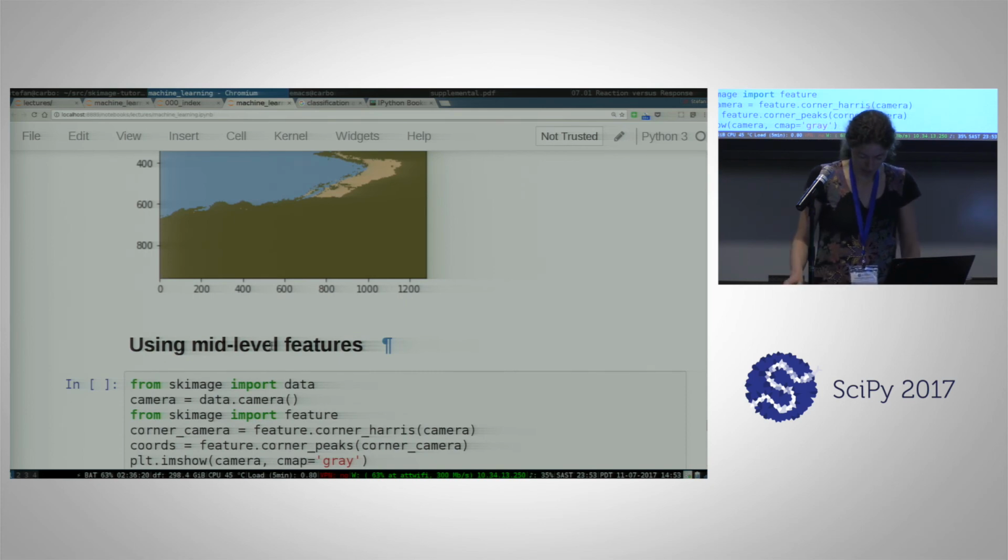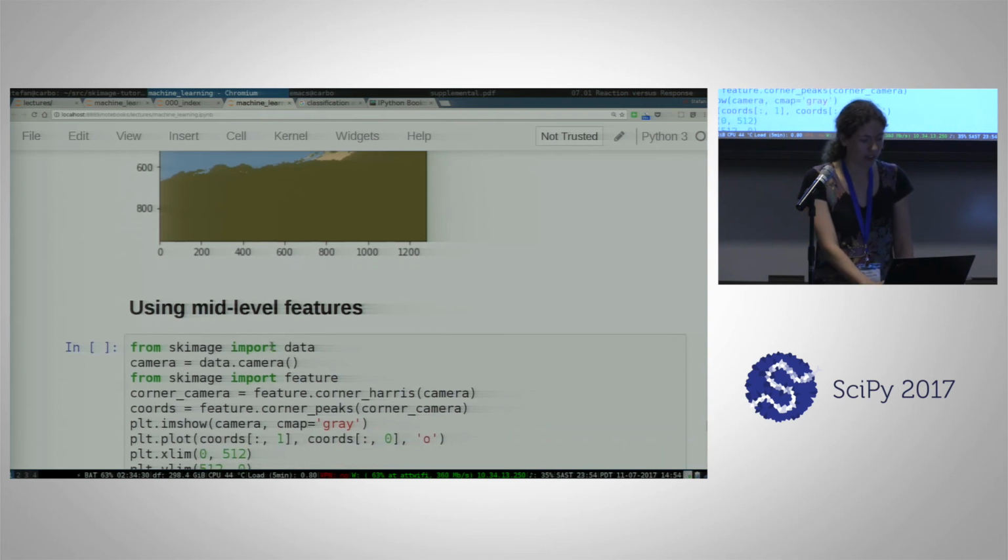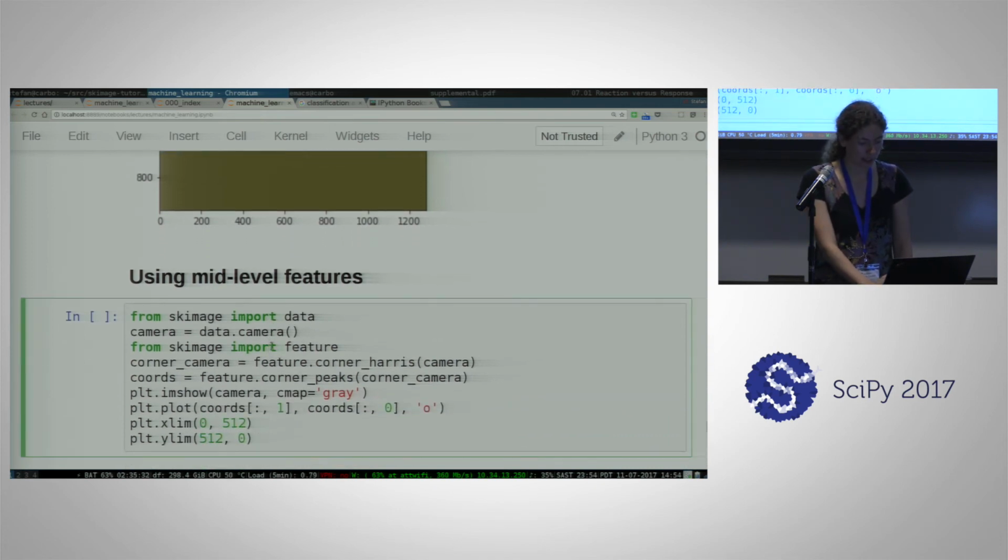Okay, so I have, say, 15 minutes left, and I will go quickly over 2 other examples. The first one is using mid-level features. Up to now, samples were pixels, and we had a number of features per pixel, either color or texture, spatial coordinates, and so on.